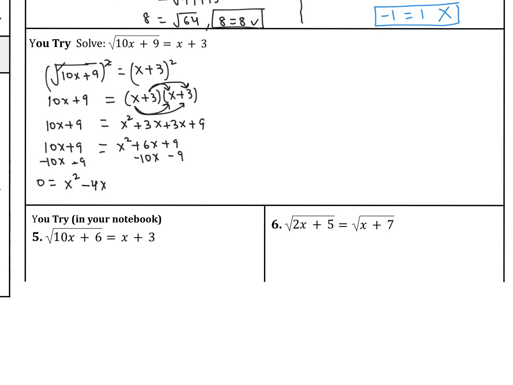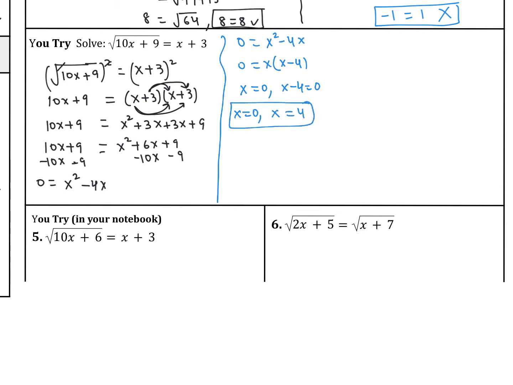Now you're going to solve for the x value. So you're going to break this as x times x minus 4 and apply the zero product property. You got x times x minus 4 equals 0. X equals 0, x equals 4. So these are the two x values.